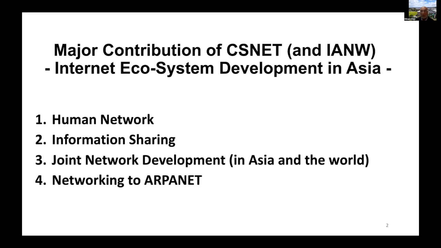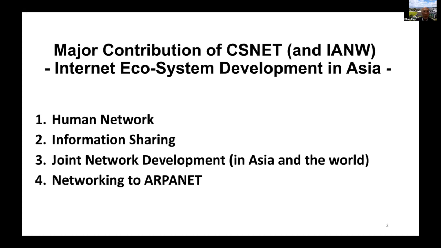That information really helped, and we also learned how to produce those documents to share information. So we really appreciate Lola and the NSF and the CSNET office.